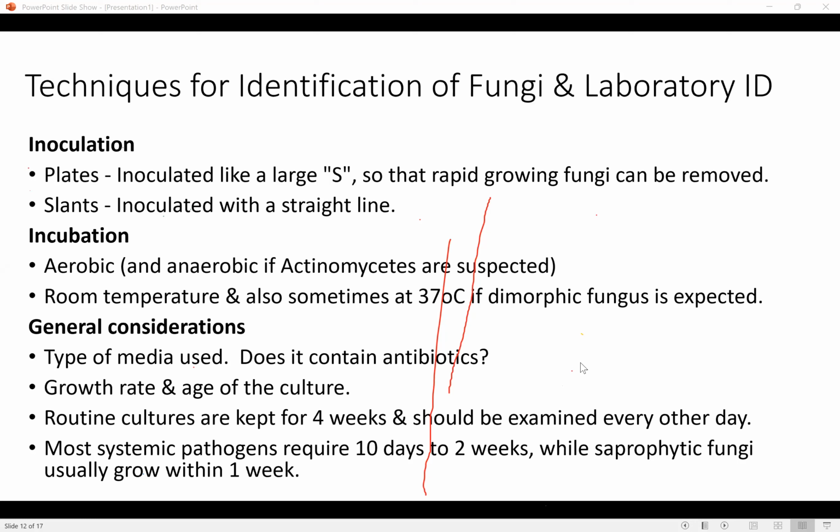The next thing is that systemic fungi will grow at 30 to 37 degrees, while superficial fungi will grow usually around 30 degrees. If it is a non-pathogenic fungi, you should be culturing around 25 degrees.